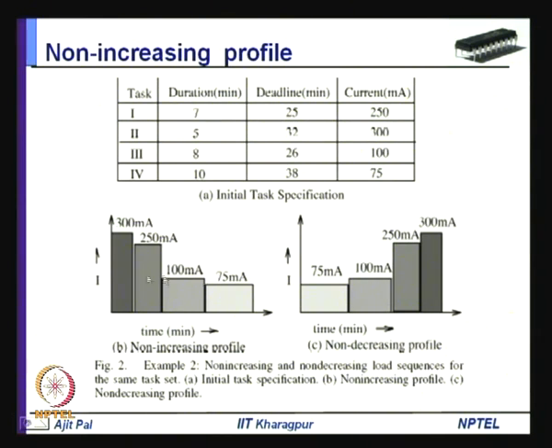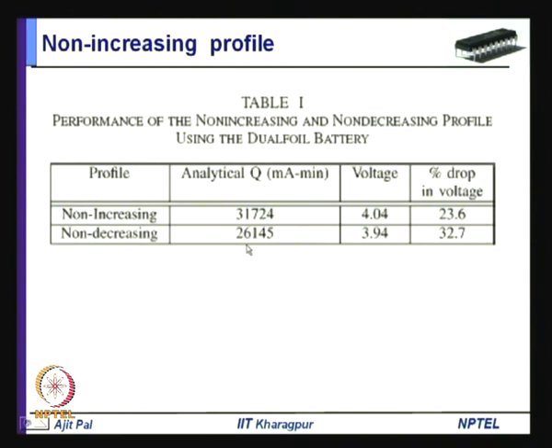So, both will serve the purpose, but you can see the analytical Q present in the system in the non-increasing profile is 31724, compared to 26145 for non-decreasing, and the terminal voltage is 4.04.